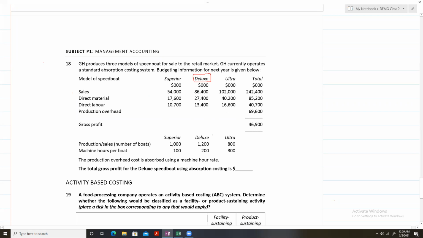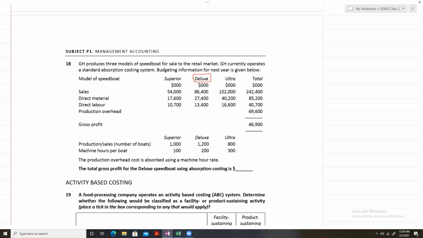So the first thing we need to calculate here is the total number of machine hours. As we are told that overheads are absorbed on the basis of machine hours, we need to find out the total machine hours.